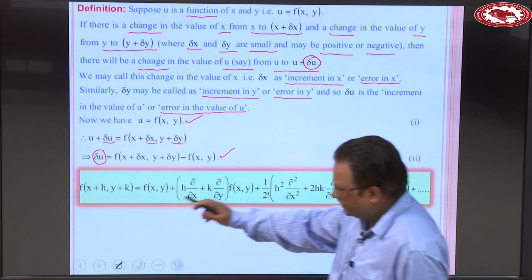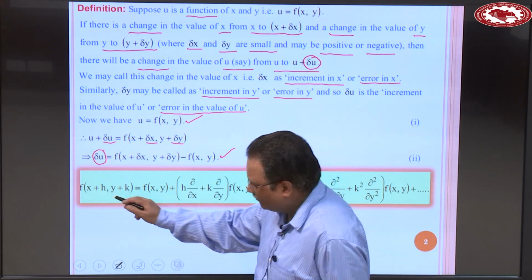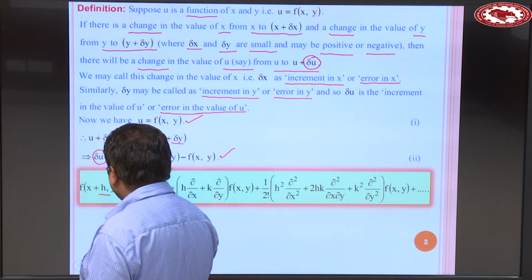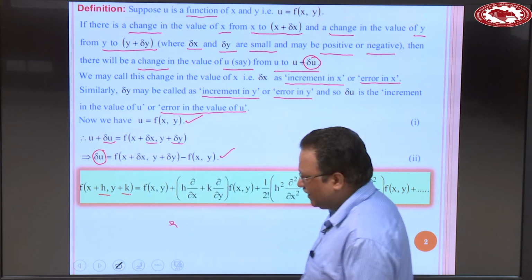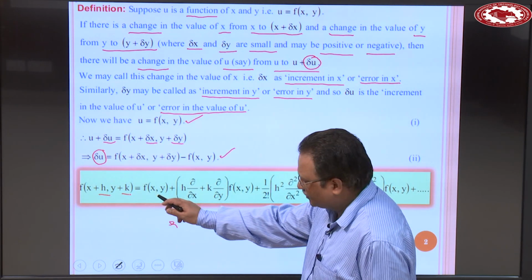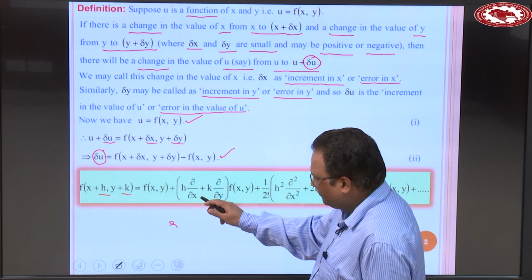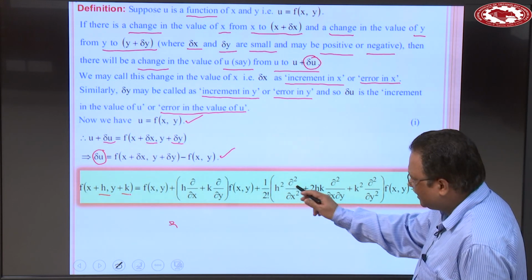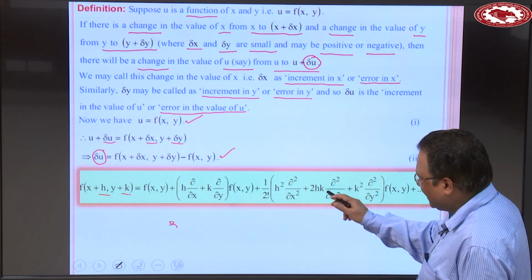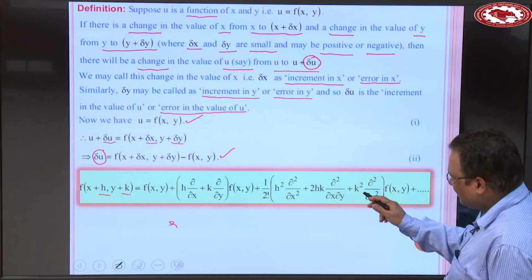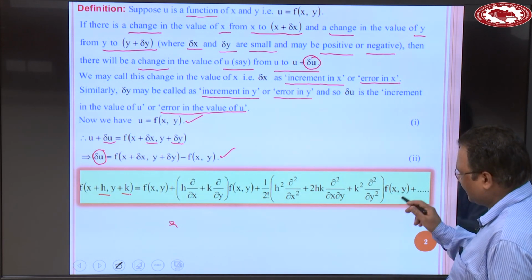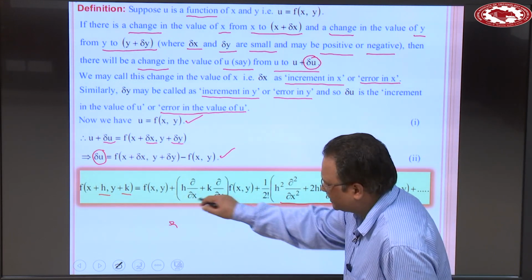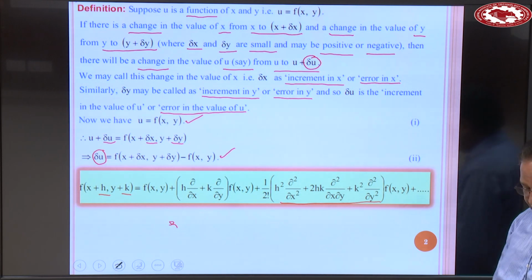We know this result: f of x plus h, y plus k, where h is a small increment in the value of x and k is a small increment in the value of y, is equal to f of x, y plus h ∂/∂x plus k ∂/∂y of f of x, y, plus 1 over 2 factorial times h square ∂²/∂x² plus 2hk ∂²/∂x∂y plus k square ∂²/∂y² of f of x, y. This bracket term is nothing but the square of this expression.